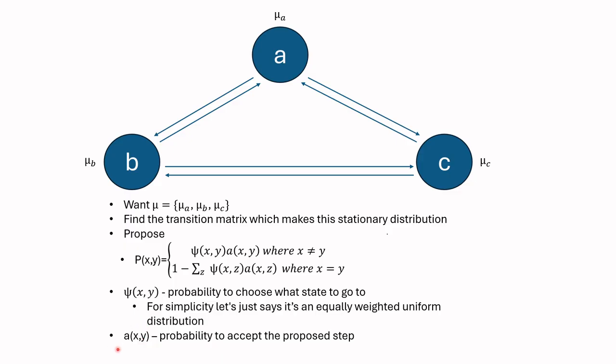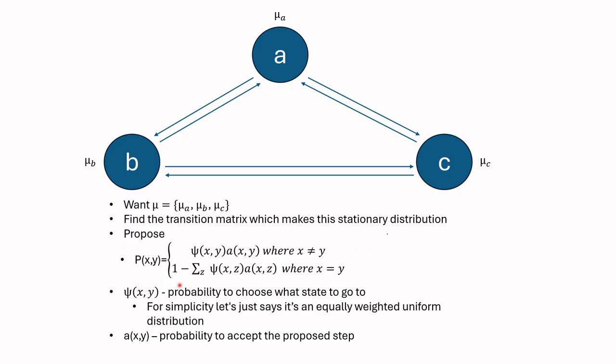This is the probability that you accept that jump. So we're constructing a general transition matrix like this. We want to make that transition matrix such that it's going to give us a particular stationary distribution, which is this one up here, which is already proposed. So given this stationary distribution, find the transition matrix. That is our task.